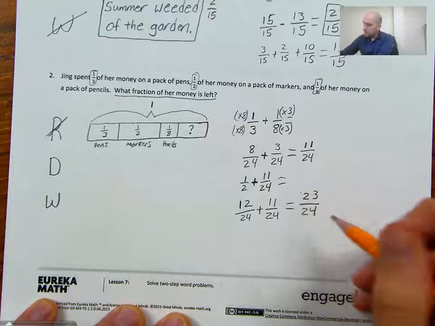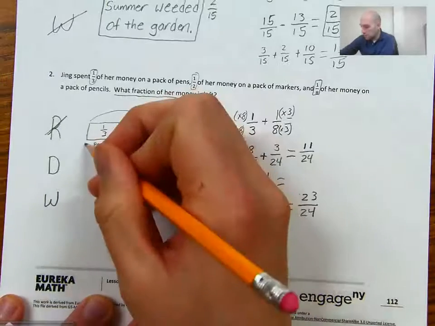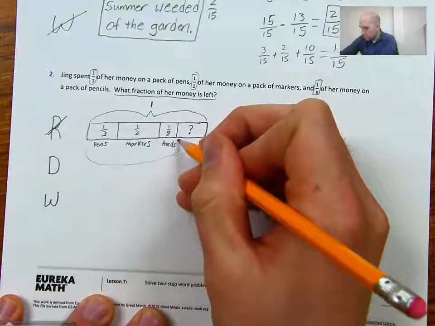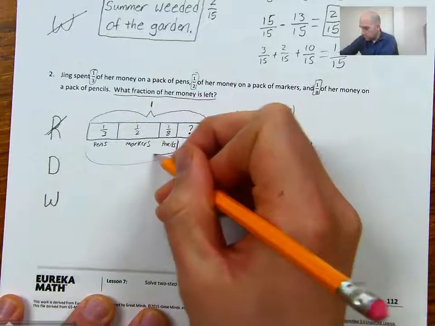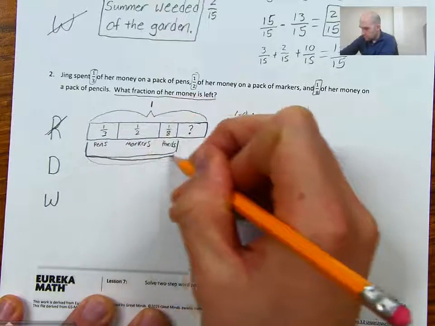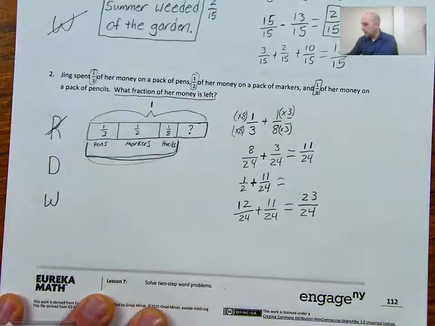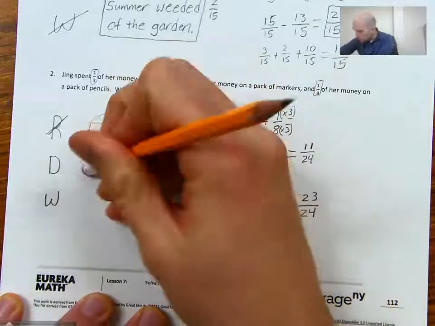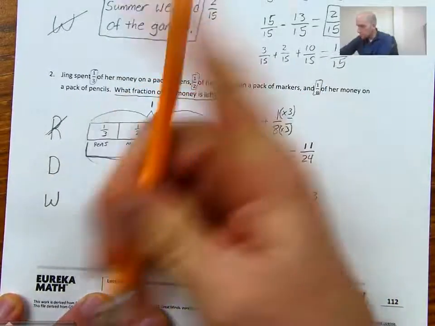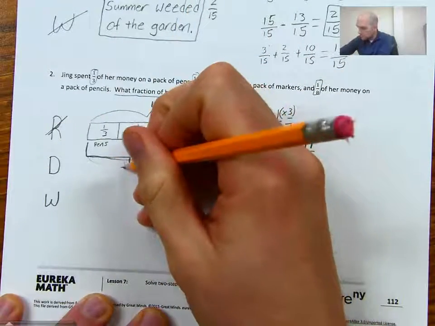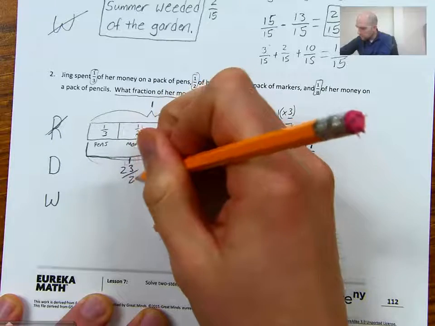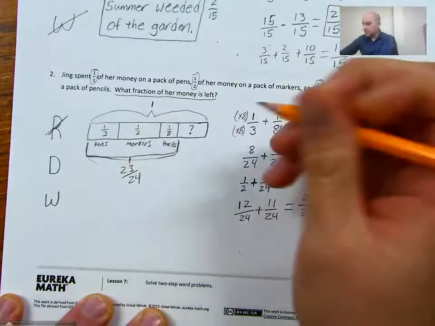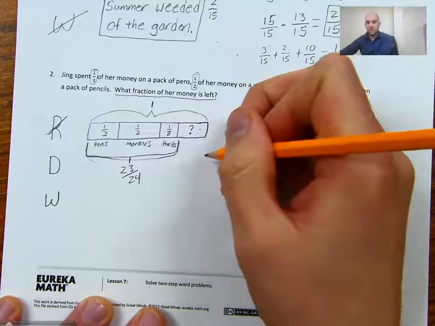And this is how much all of this right here is. That is 23 24ths. But I need to figure out what's left over.